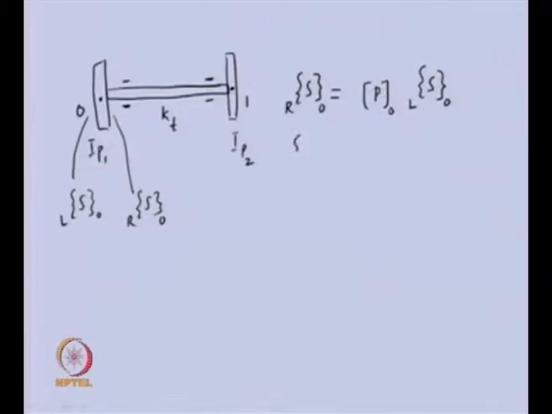Now, if you want to transfer the state vector to right of 1, we want this state vector from right of 0 station. For this purpose, we have already seen that we need to multiply by the transfer matrix U1, and U1 we have already seen is F1 into P1.